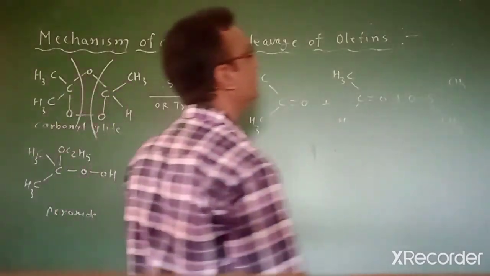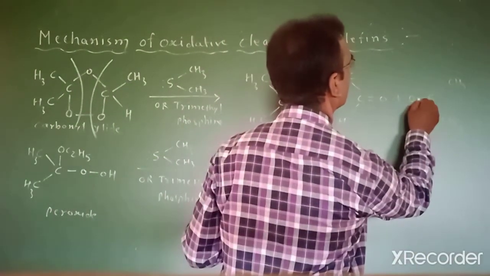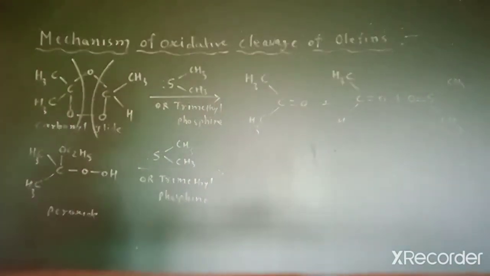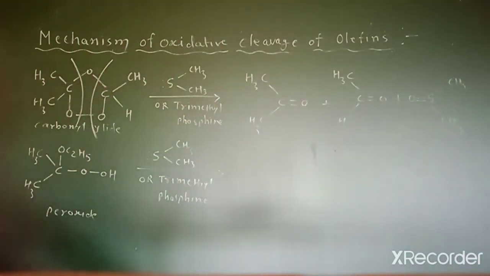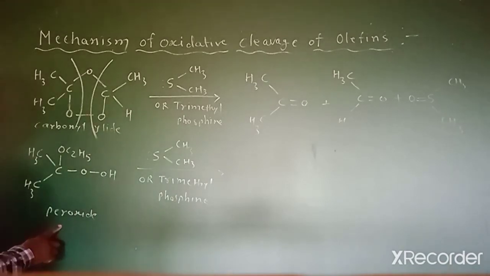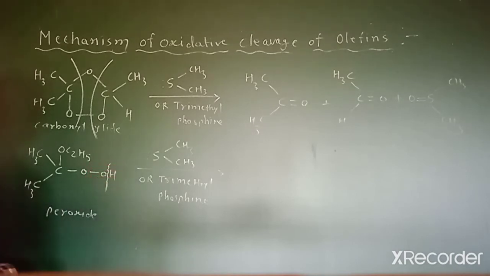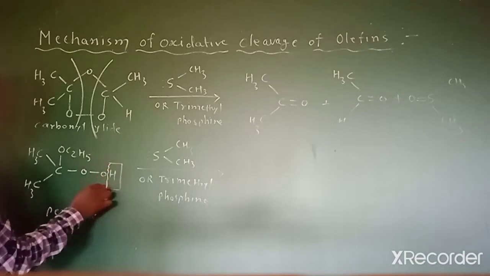Now here there will be a formation of a double bond to satisfy the valency of oxygen. It will be 2 CH3, that uses a lone pair of electrons to form a bond between oxygen and sulfur. In the next step, again here the peroxide will remove hydrogen. This hydrogen is removed.